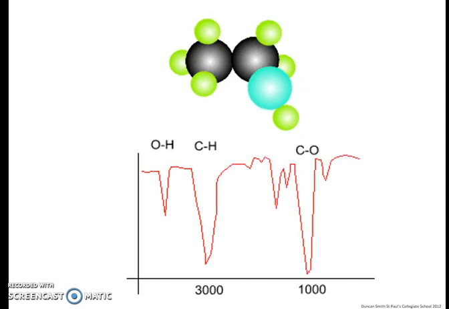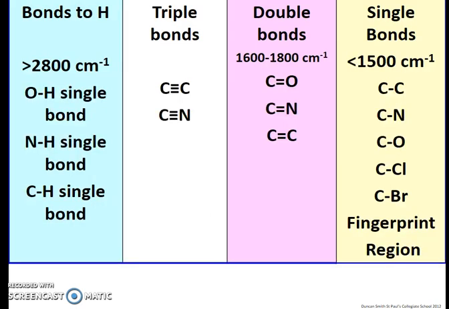What does this actually mean in practice? Well, you can divide up your spectra into, I would say, probably 3 chunks. You've got the stuff on the left-hand side of the spectrum, which is between 4,000 wave numbers at the far left and 2,800 wave numbers.